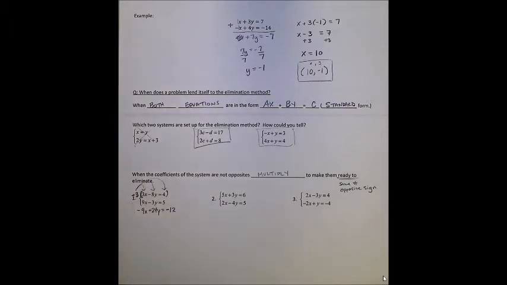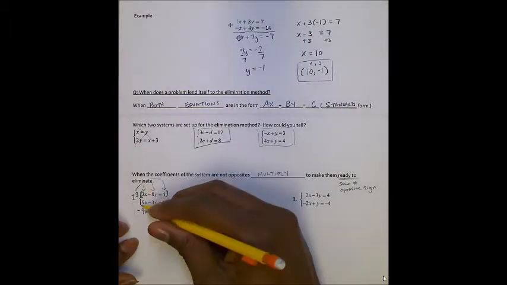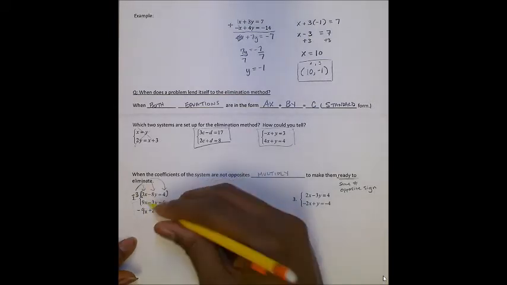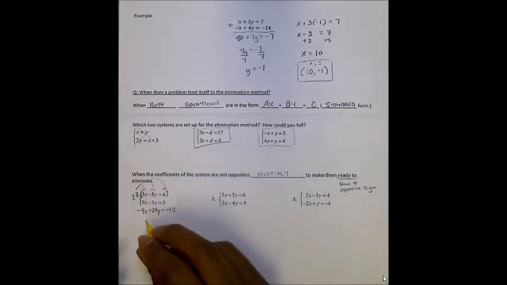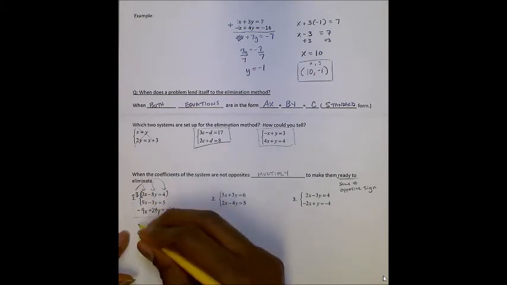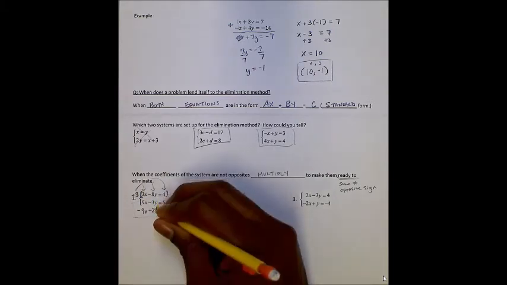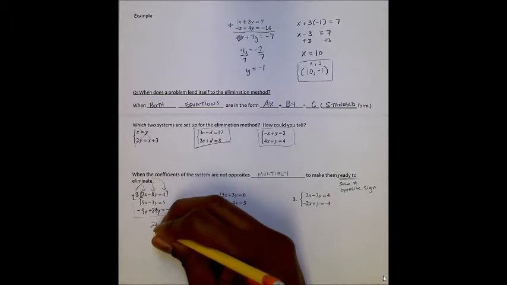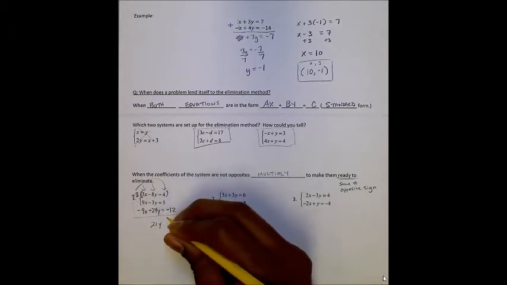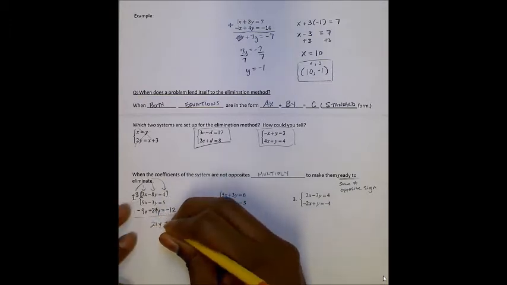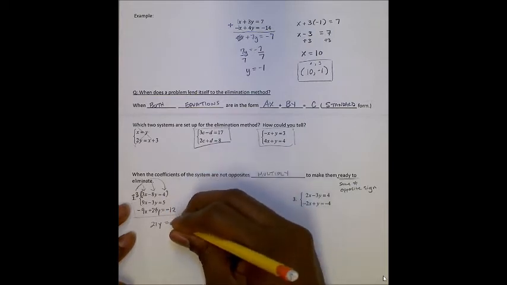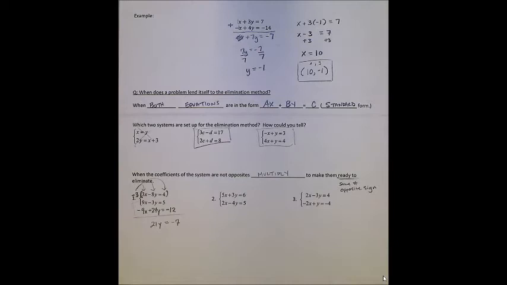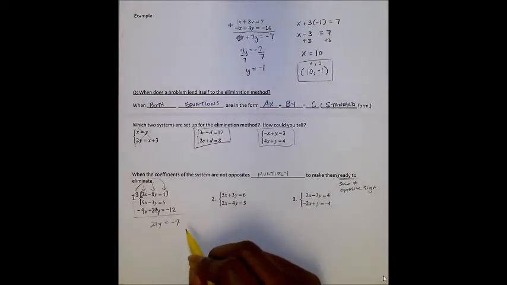Now I can combine these, add my system together, and that will eliminate the x's, because 9x minus 9x gives me 0, so they're gone. Negative 3y plus 24y gives me 21y. And then I have 5 minus 12, which gives me negative 7. Okay? And so 21y equals negative 7.